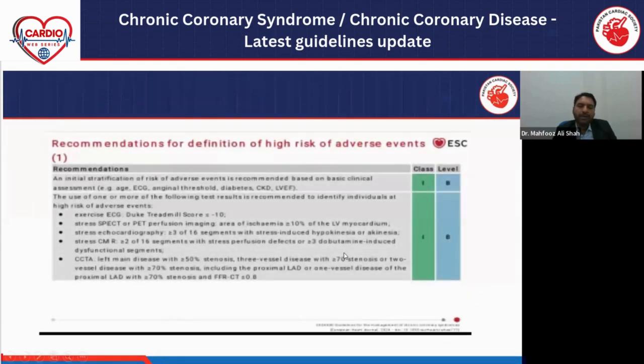After we advise the tests, we get the results, and these are the high risk patients on the basis of their investigation.